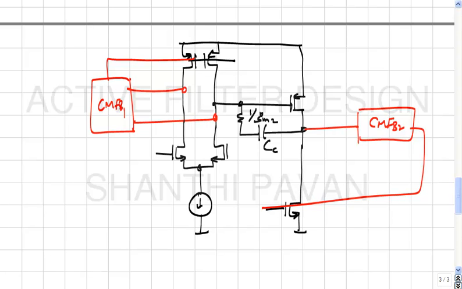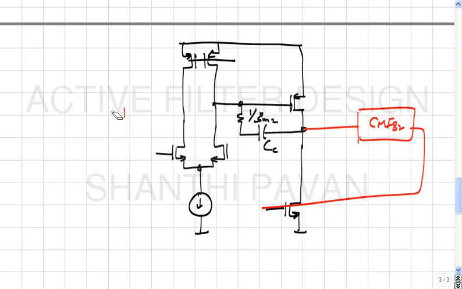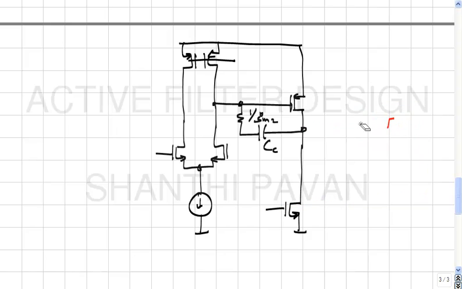Now, one question that was asked was, do you strictly need 2 common mode feedback loops or can we do with 1? To motivate that, let me just look at this and then try and explain why the question makes sense.